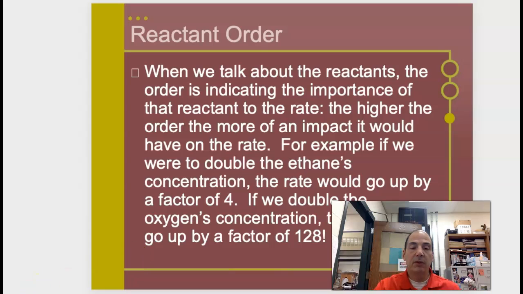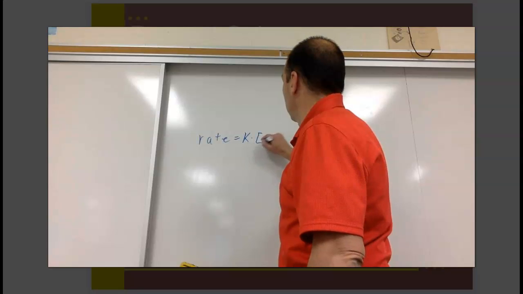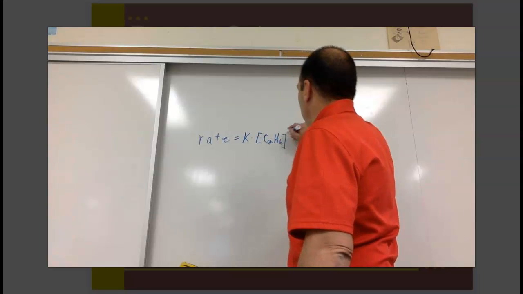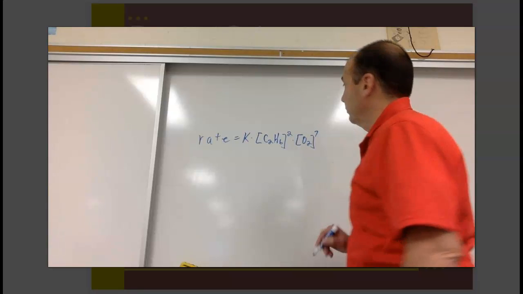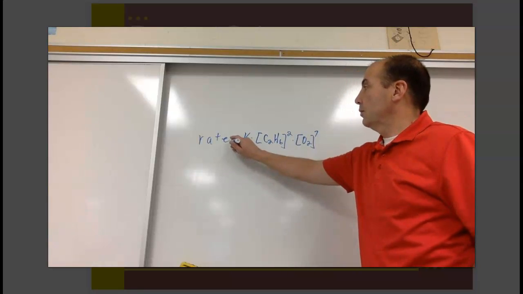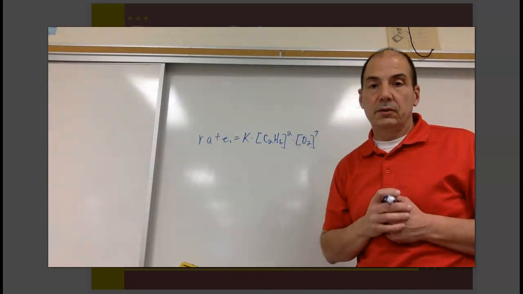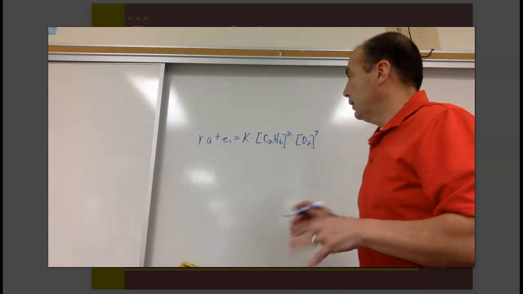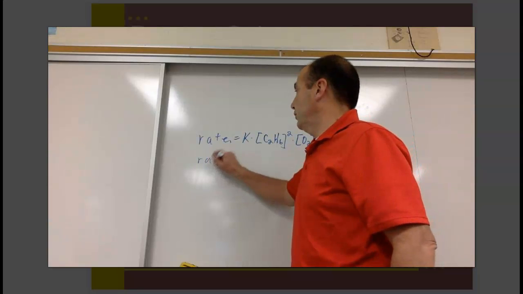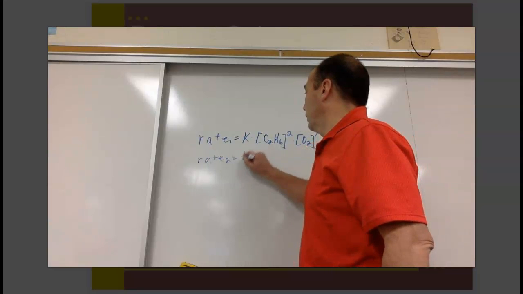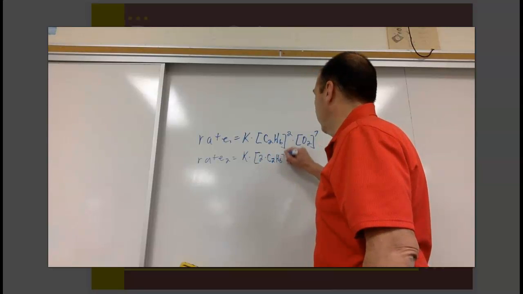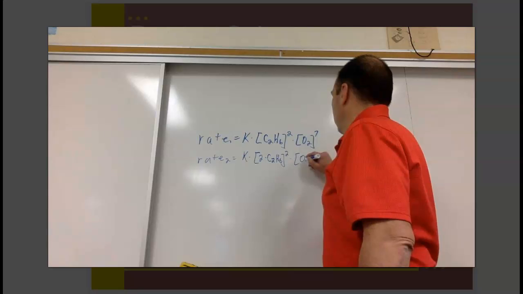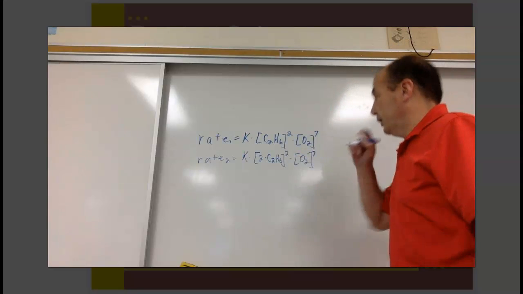All right, let me explain where those numbers came from real quick, and shift views here. We were talking about the fact that ethane is second order, oxygen is seventh order. So let's just call this situation 1. So rate 1, we get that. Now, let's double the ethane. So for our second rate, we're going to have 2 times the concentration of ethane, but we're going to leave the oxygen the way it is.